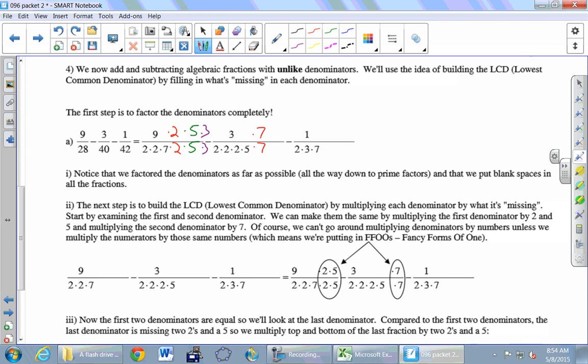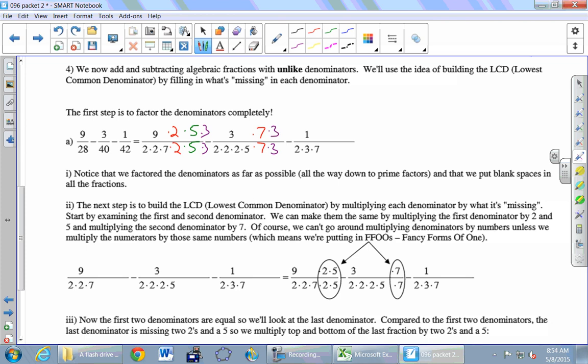Gotcha, gotcha. So the only things that we are trying to match are the denominators, and we're paying no attention to the numerators. It's just a common denominator we're trying to build. Okay. All right, so the first guy is good. What is the second guy missing from the last guy? Also a 3. Let's give that second guy a 3. Times 3 times 3.